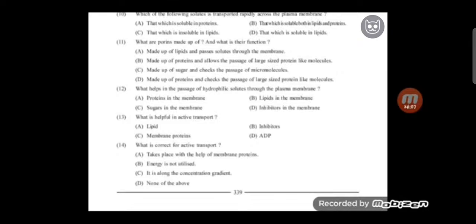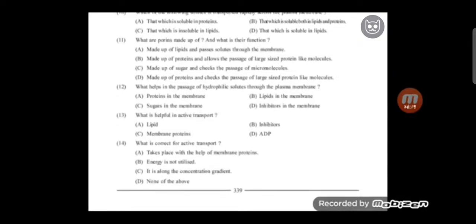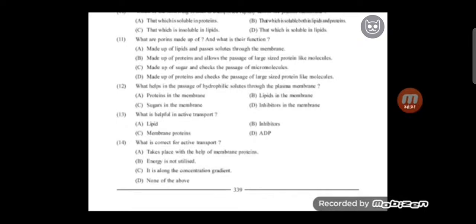Next, question number 13. What is helpful in active transport? They have asked what helps in active transport. Option A lipids, option B inhibitors, option C membrane proteins, or option D ADP.